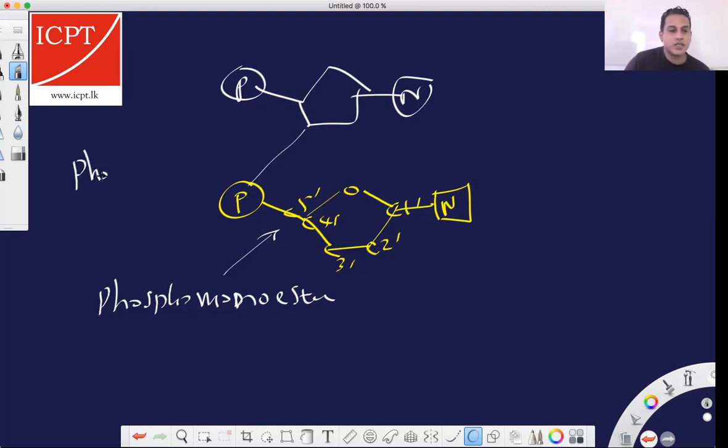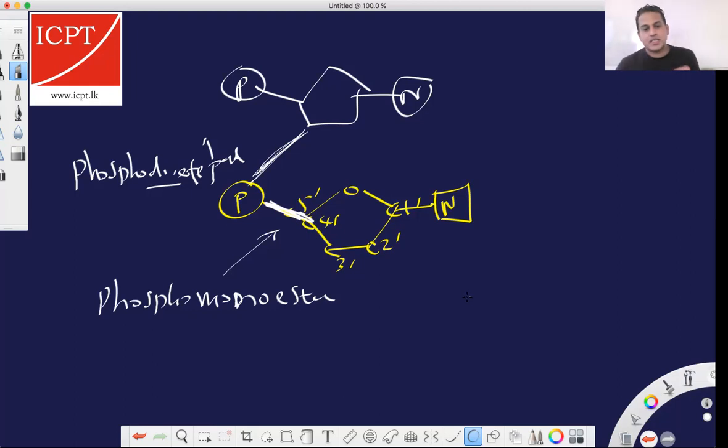So this is the phosphodiester bond because there are 2 bonds. So we call it a diester bond. This is 1 bond. This is 1 bond. Now these ribonucleases and deoxyribonucleases, they're going to break this bond.